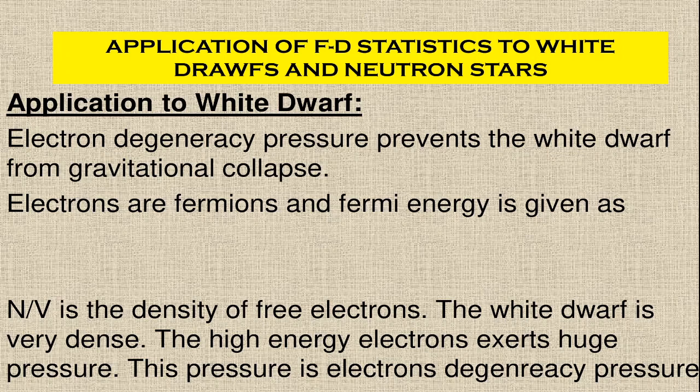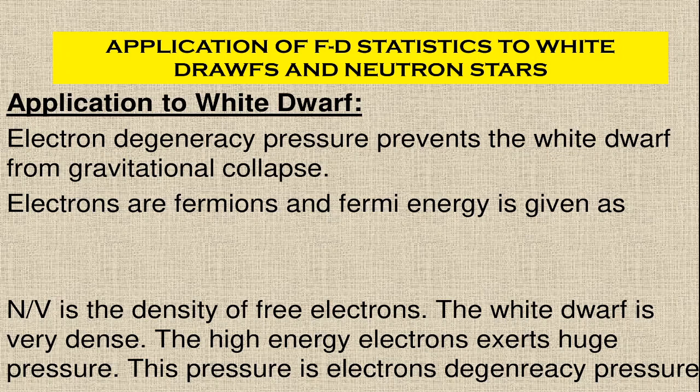Our question here is, what is preventing the white dwarf from further gravitational collapse in the absence of radiation pressure? The answer to this question is the quantum mechanical effect known as electron degeneracy pressure. Now we have to explain what this electron degeneracy pressure is.